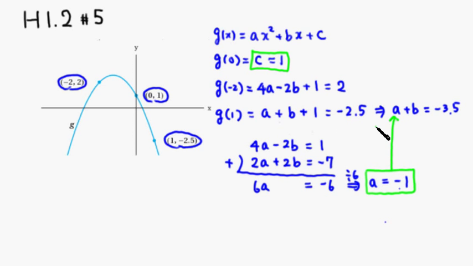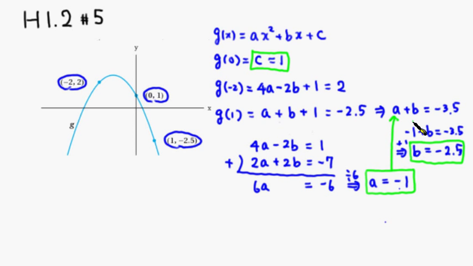So negative 1 plus b is equal to negative 3.5. We can add 1 to find the b value, so b is equal to negative 2.5. So we found the b value.